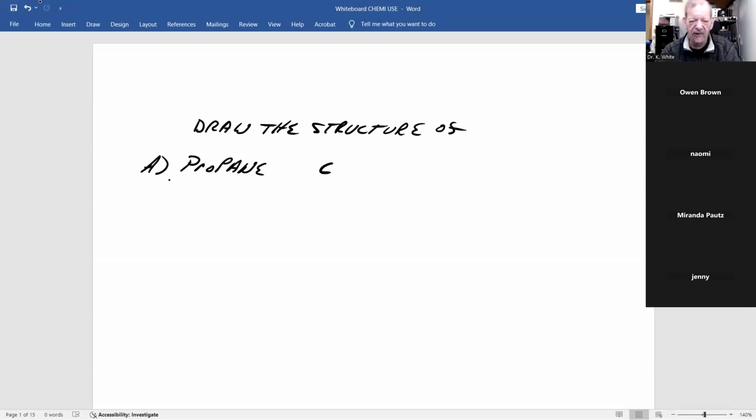Propane has 3 carbons, and I know each carbon should have 4 bonds, and this one has 1 bond. 4 minus 1 equals 3, so I know there are 3 hydrogens there. This has 2 bonds. 4 minus 2, why 4? Because there's always 4 bonds to carbon. So there are 2 hydrogens. And finally, the last one, same thing, 1 bond. 4 minus 1 is 3. And that's what I mean by drawing the structure, and you should know how to do that.